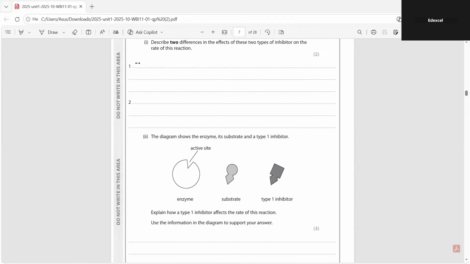The first one is type 2 inhibitor slows down the rate of reaction more than the other two. So that's the first point you can write. The next point is what?